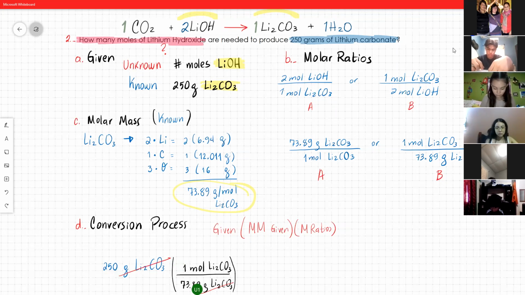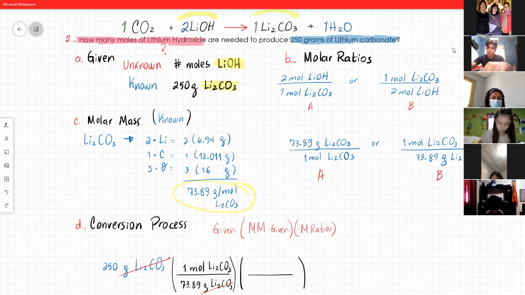And then what molar ratio am I going to use, A or B? I'm going to be using A because the liquid is in the bottom. Now I can cancel it. So 1 mole of liquid in the bottom, and on the top I will have the 2 moles of Li2O.